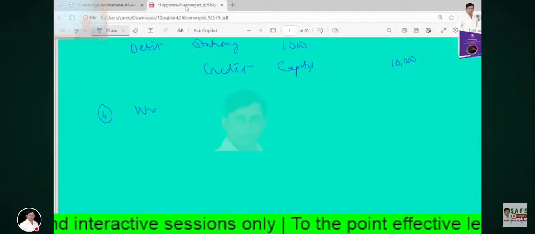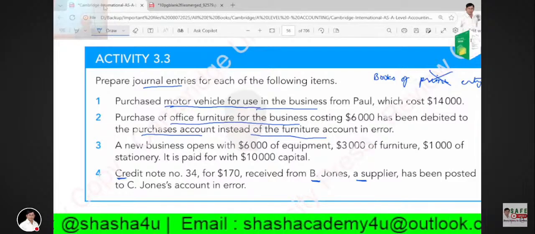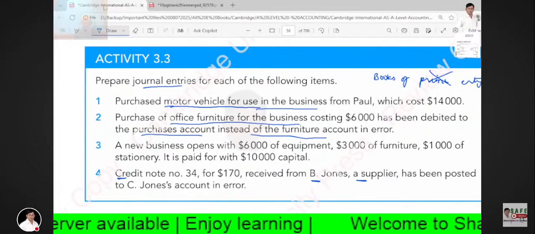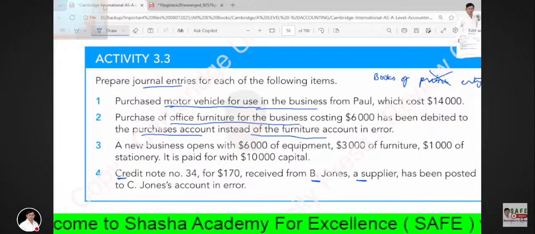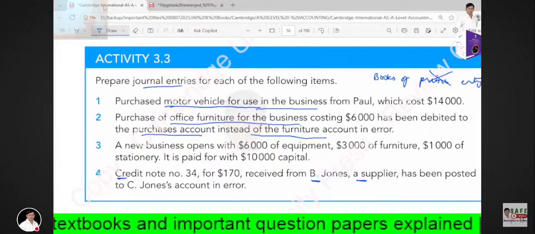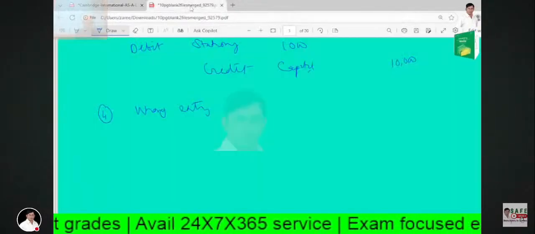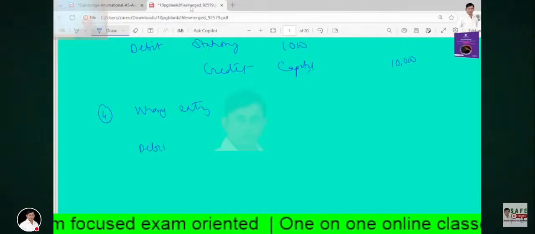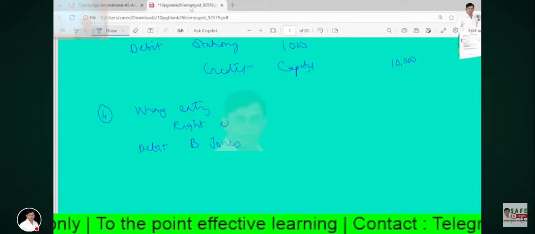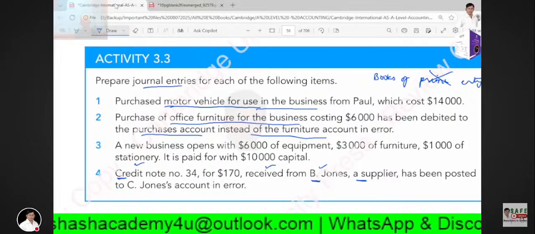So what is the wrong entry? Credit note received from B. Jones.